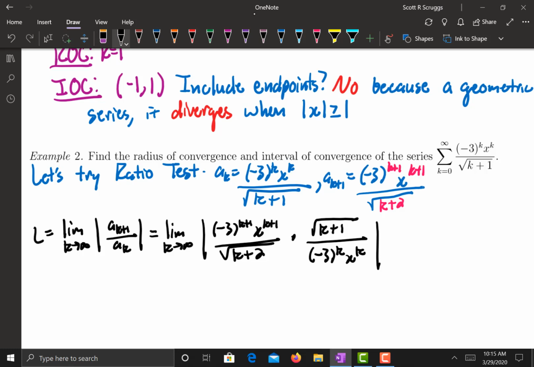And let's start simplifying. I have an x to the k in the denominator and x to the k plus 1 in the numerator, so that simplifies down to just x. Negative 3 to the kth power is in the denominator and negative 3 to the k plus 1 is in the numerator, so that simplifies down to negative 3.